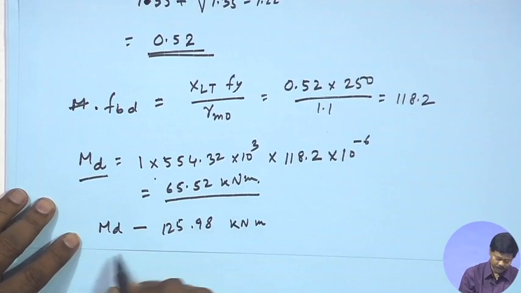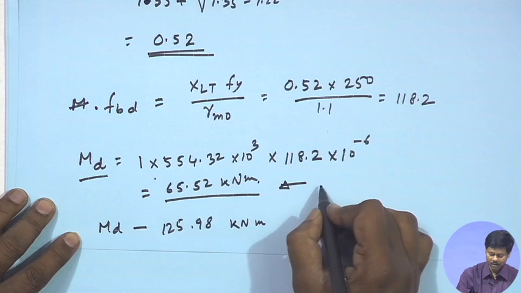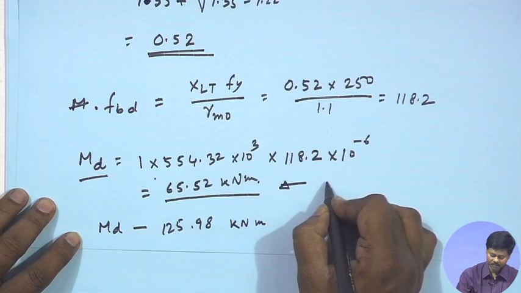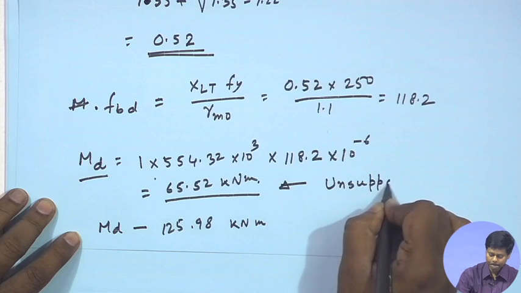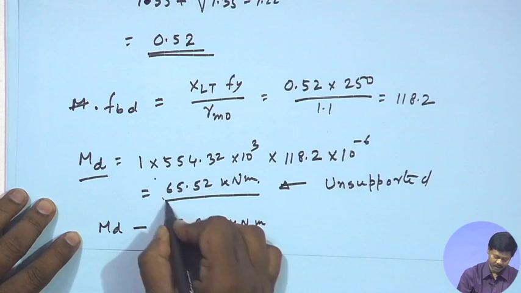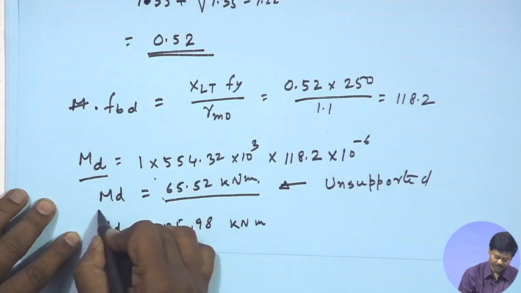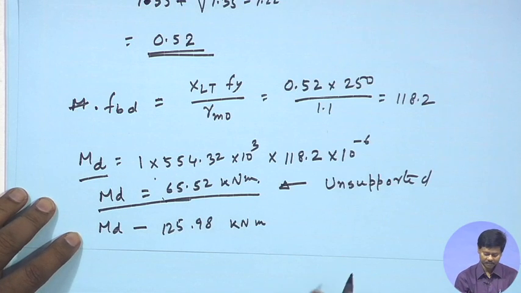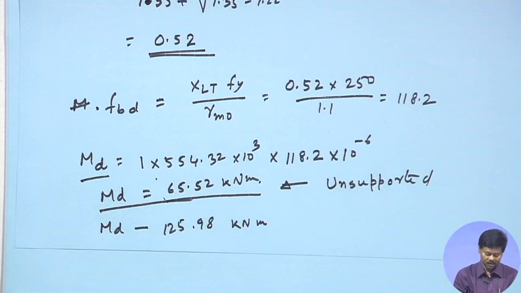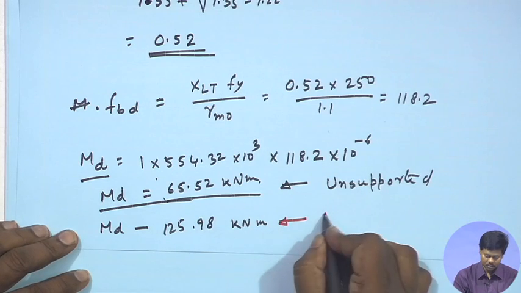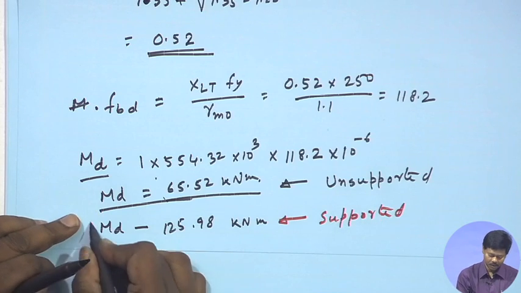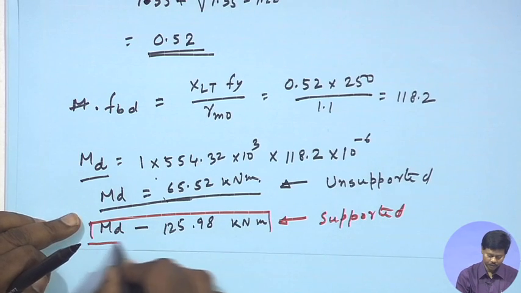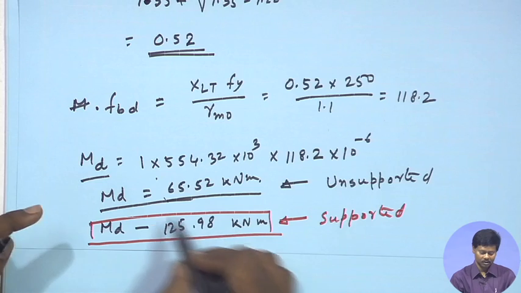So, what we could see is that if lateral torsional buckling is considered, that means if it is laterally unsupported, then the design bending strength is coming 65.52, and if it is supported, then the design bending strength is coming 125.98, almost double.